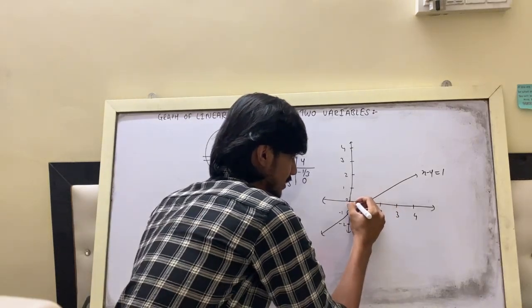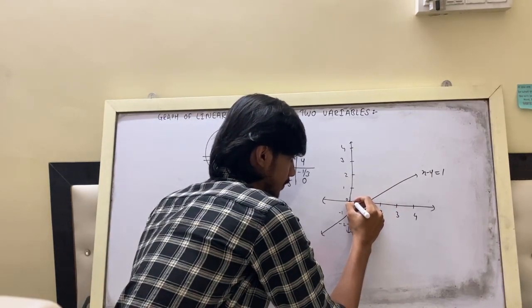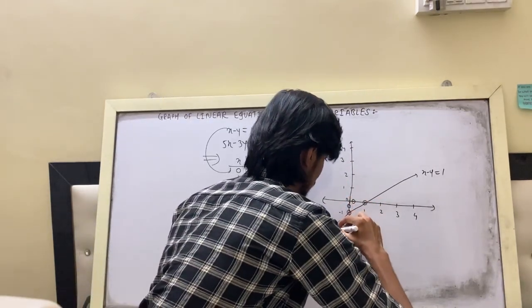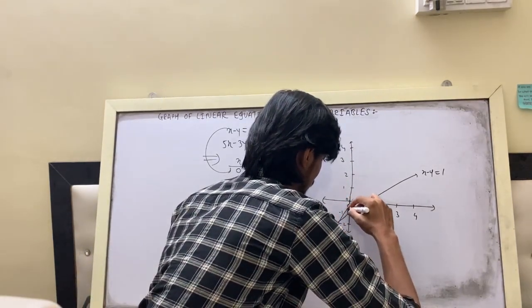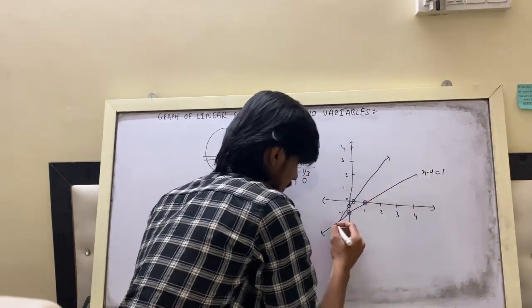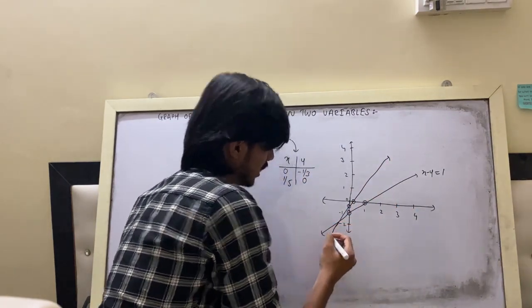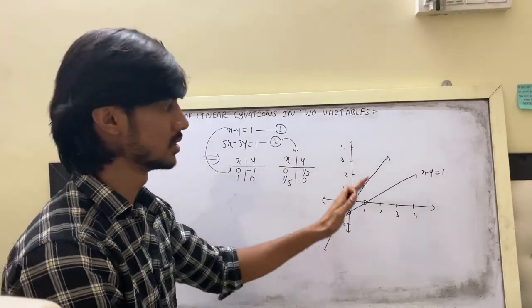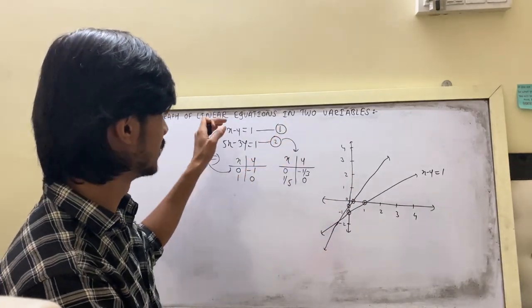That means this point. Okay. And join these 2 points by a line. Now this is the graph of the linear equations in two variables of these two equations.